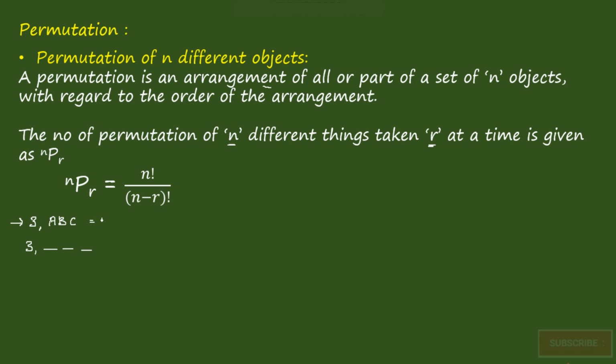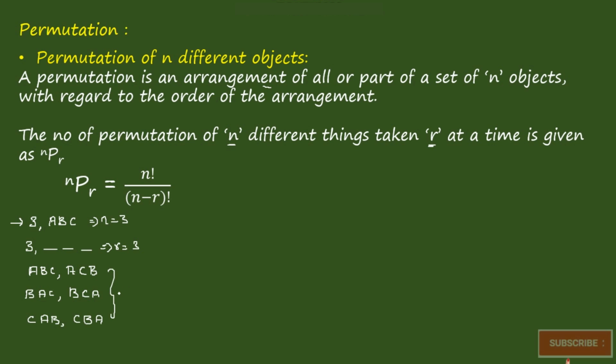So here n is equal to 3 and r is equal to 3. We can arrange ABC as A, B, C or A, C, B, then B, A, C or B, C, A, and another is C, A, B or C, B, A.